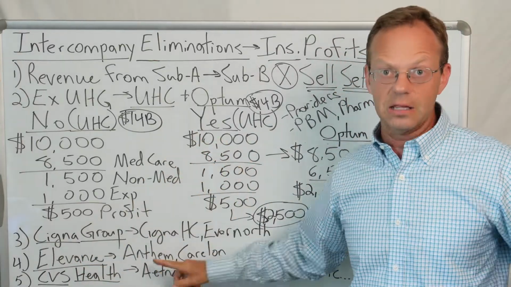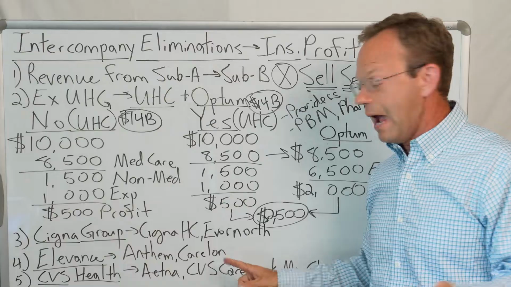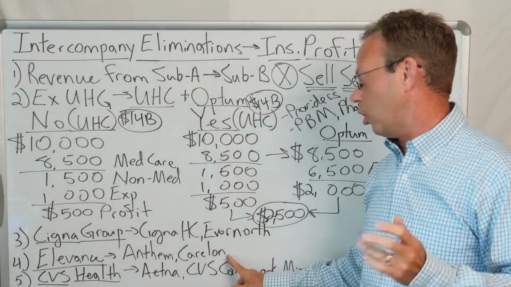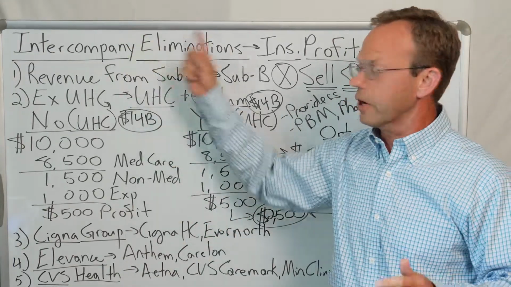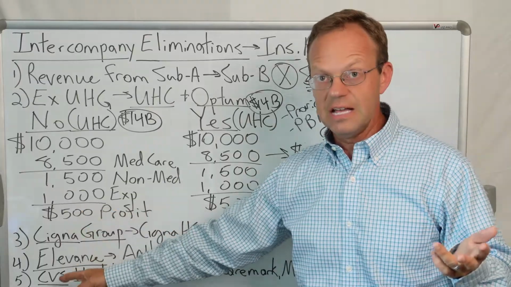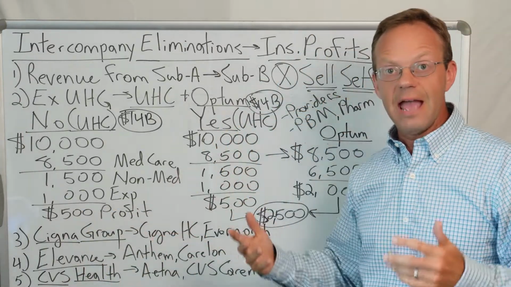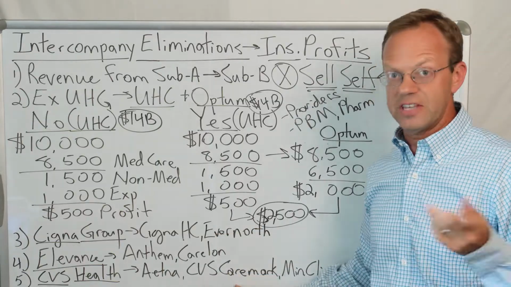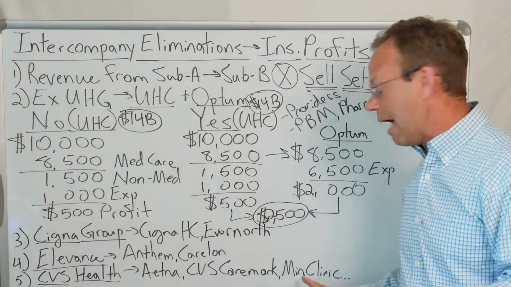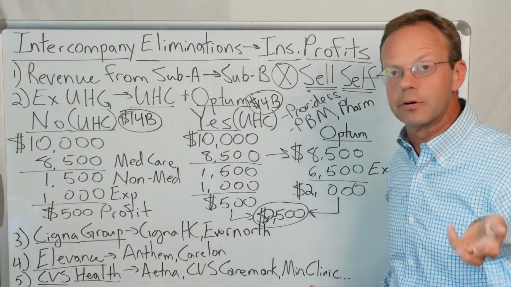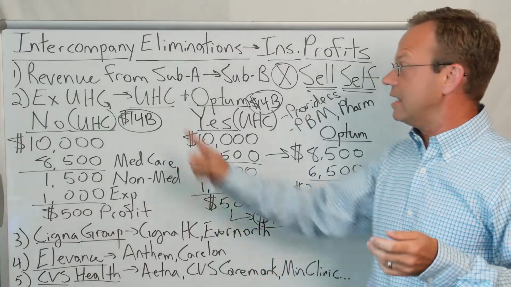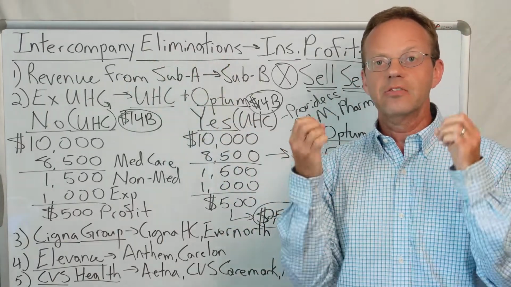They still have Anthem, the health insurance company, and the healthcare services side is called Carelon, which they can then do intercompany eliminations with. And then CVS Health also has Aetna, the health insurance company, and the other subsidiaries like CVS Caremark, their CVS pharmacies, and their Minute Clinics, which are actually providers. Again, they can do the intercompany eliminations there as well.